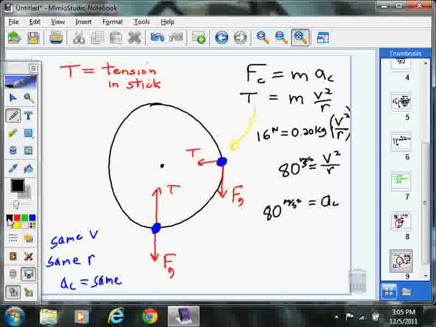So now when we're dealing with that 6 o'clock position, we know the centripetal force equals the mass times the centripetal acceleration. But as Dave said perfectly, the expression for the centripetal force now is T minus Fg.